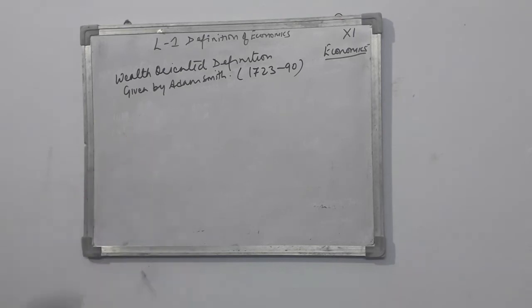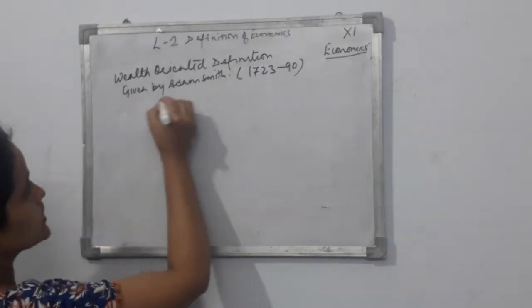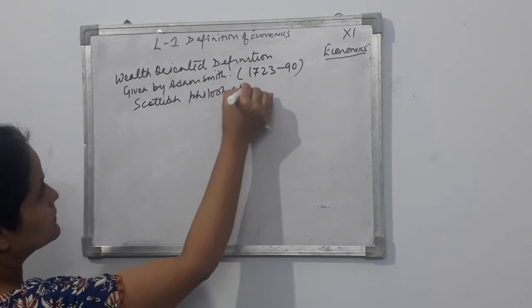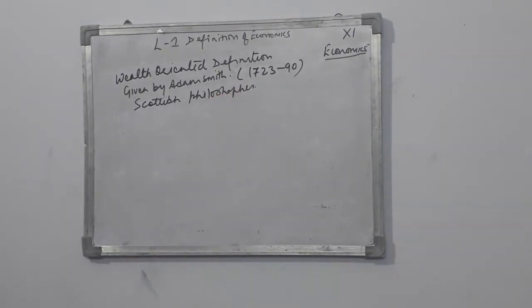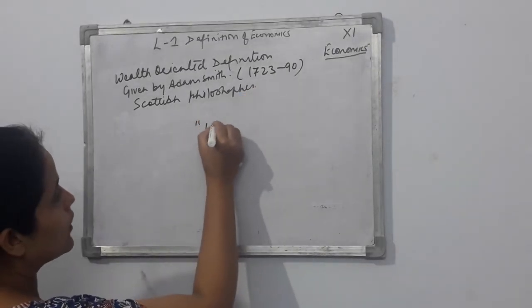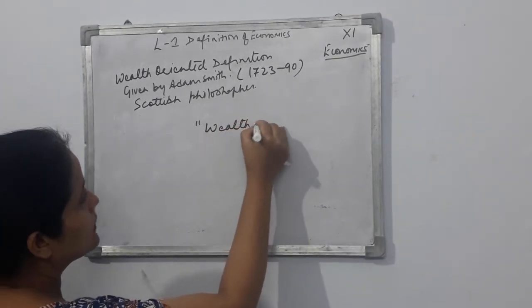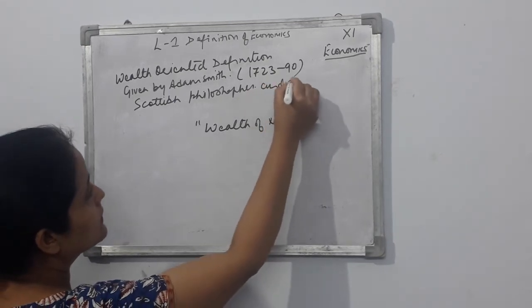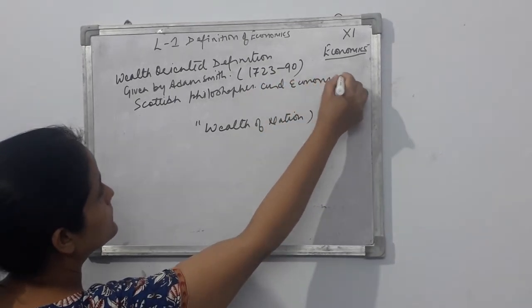Adam Smith was a Scottish philosopher and economist. He is often considered the father of modern economics. He is well known for his classic work, An Inquiry into the Nature and Causes of the Wealth of Nations. Okay? A very famous book written by him, Wealth of Nations.